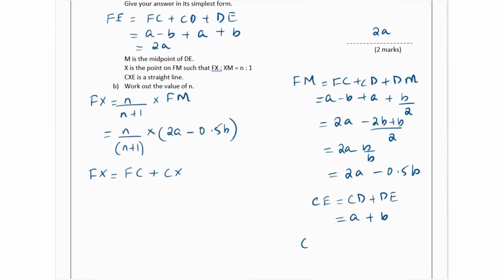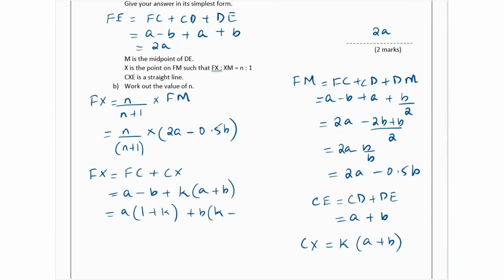So CX is some scale factor times a plus b. That's CX. So FX is also a minus b plus k times a plus b. If we collect all of the vectors a and b, so a is 1 plus k, and for b it's k minus 1. These are the coefficients of a and b.